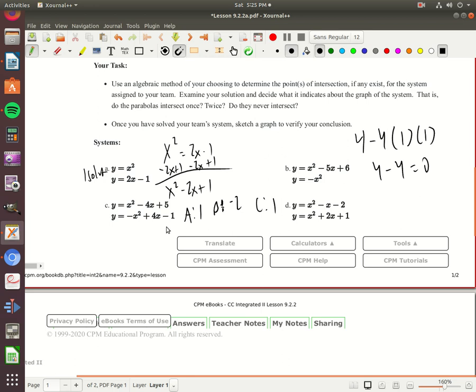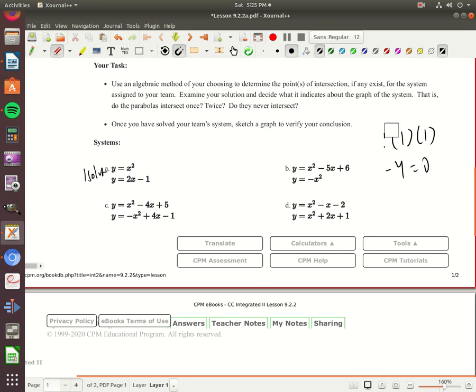So we can go do the same thing for b, c, and d, right? Shouldn't be that difficult. I'm not even going to waste my time getting the solutions. I shouldn't say waste my time, but I just want to know how many solutions it has, how many real solutions it has. So let's do b. x squared minus 5x plus 6 equals negative x squared.